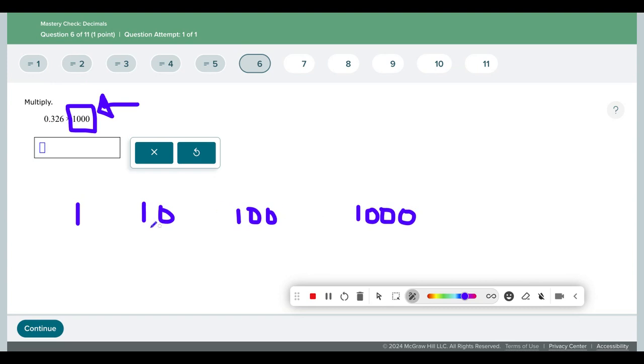That's what I mean by multiplying by a place value: 1 or 10 or 100 or 1,000 or 10,000, whatever. When you're using this cheat method, all you have to do is count how many zeros there are in that place value. In thousands, I have 1, 2, 3 zeros, correct?